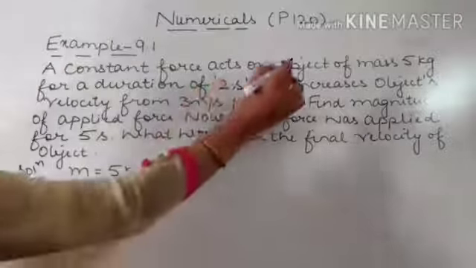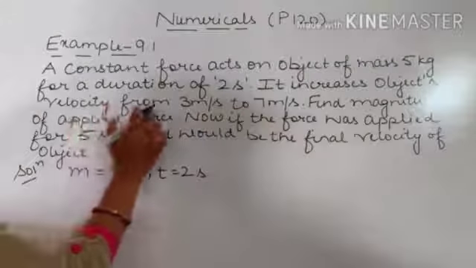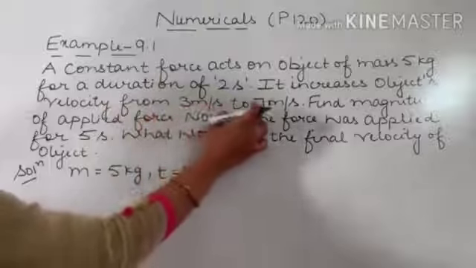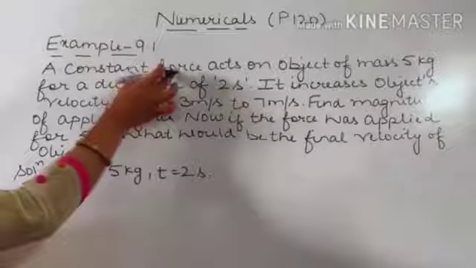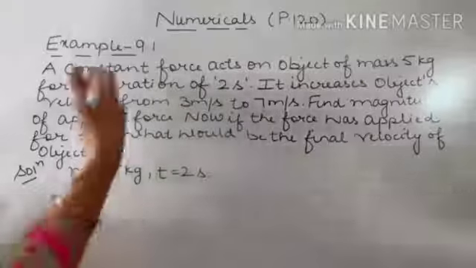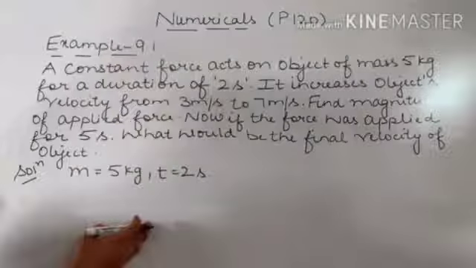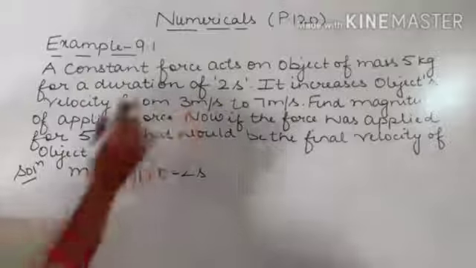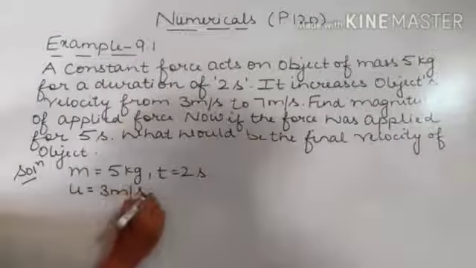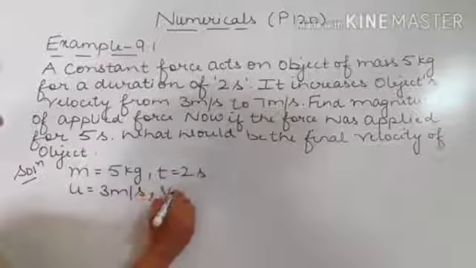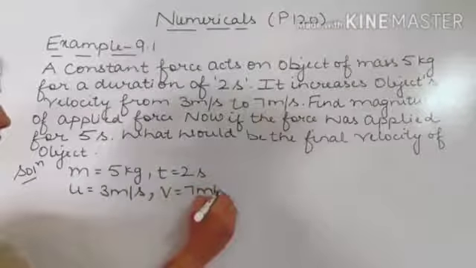It increases the object's velocity from 3 meter per second to 7 meter per second. That means this constant force is responsible for changing the velocity of the object. Initial velocity is 3 meter per second and final velocity is 7 meter per second.